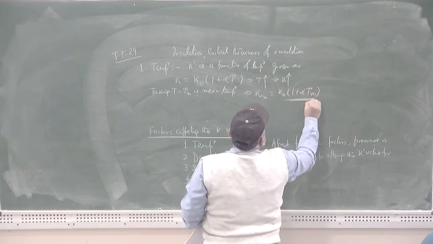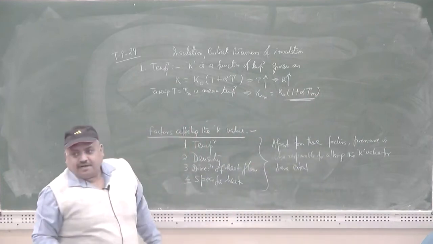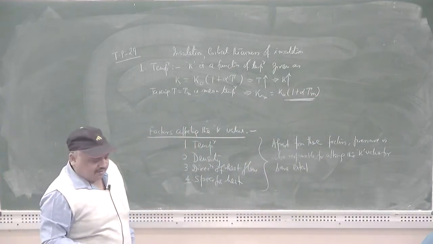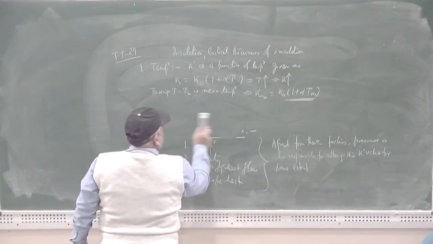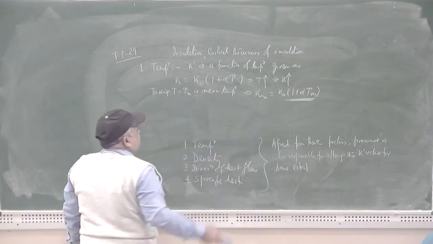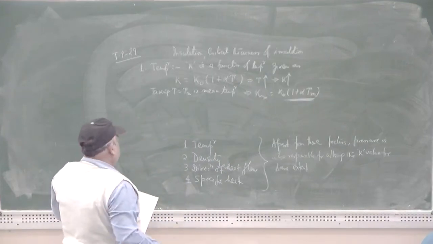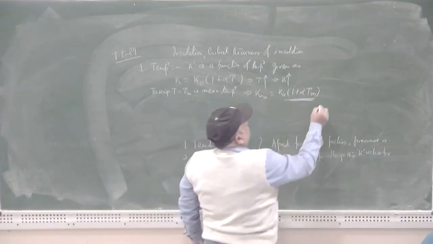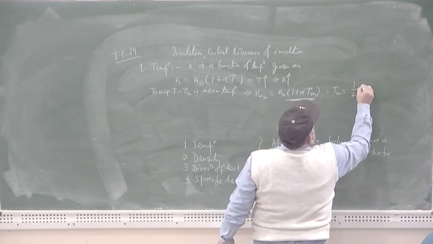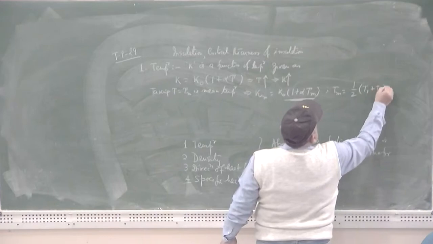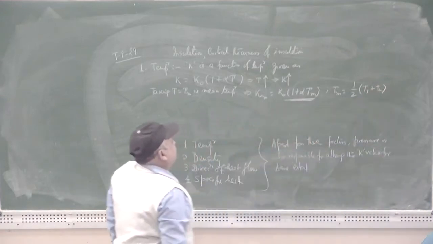The question arises how this mean temperature Tm can be evaluated. Tm can be evaluated as Tm is equal to half into T1 plus T2, that is the maximum and the minimum temperature.